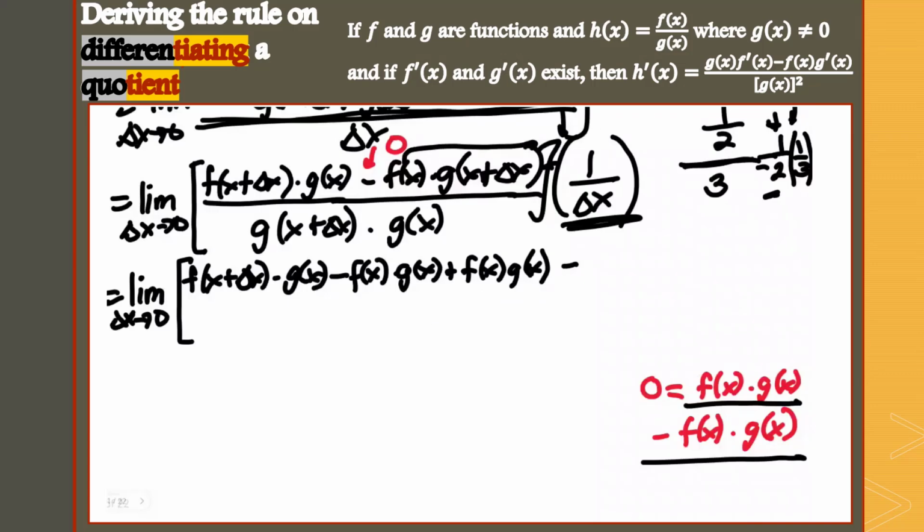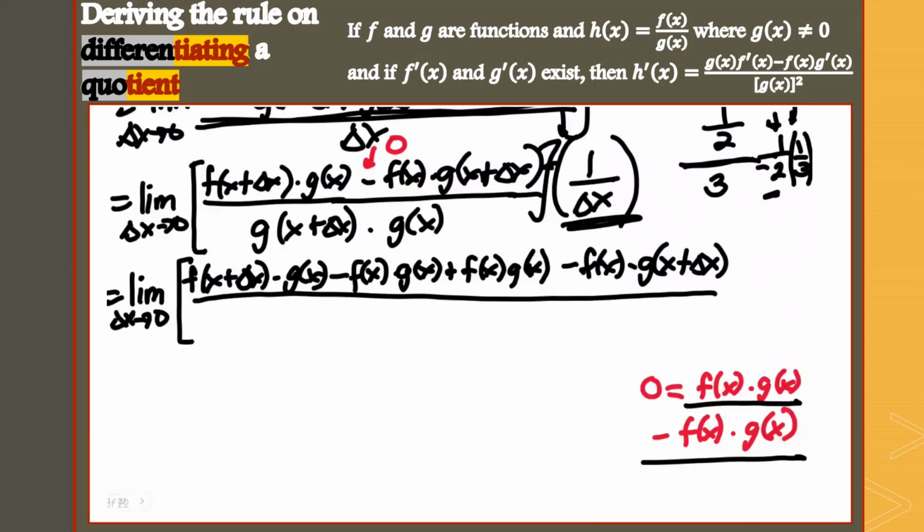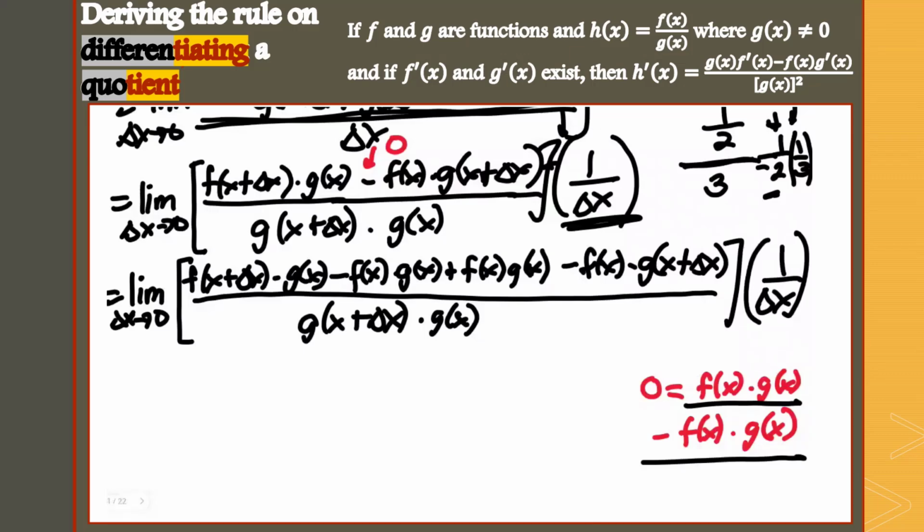The remaining form, you will have minus f of x times g of x plus delta x. Okay, they're all under g of x plus delta x times g of x, still to be multiplied with 1 over delta x here, which we have not multiplied yet because there is an important concept that we are going to draw to later.